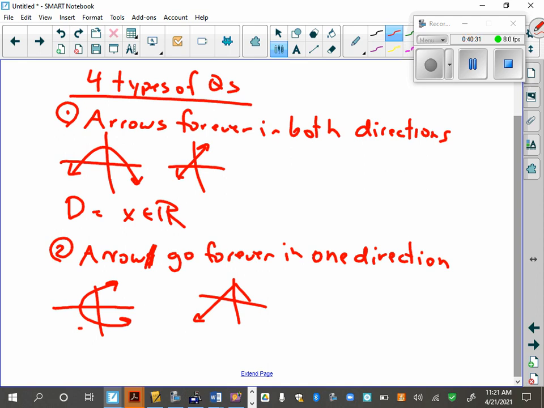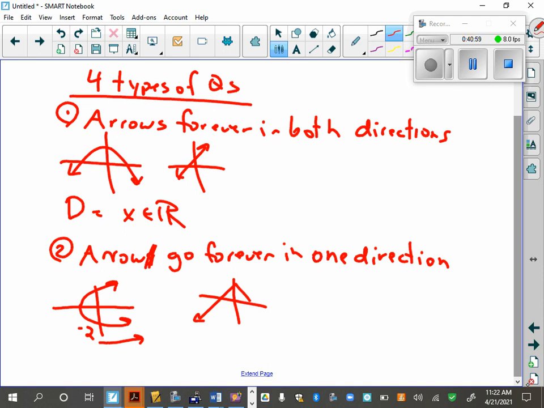So whenever you have a question that has one arrow, it's going to be a greater than or less than symbol, not two numbers in between, not all real numbers. It's going to be greater than or less than. And if you're talking about domain, it's going to be right or left. But let's talk about both.